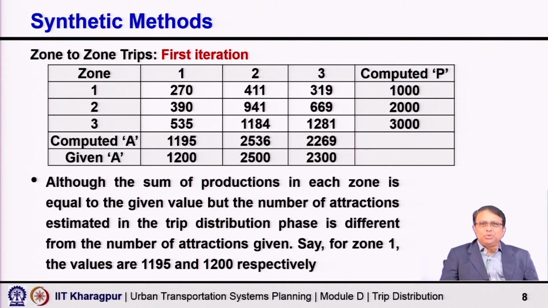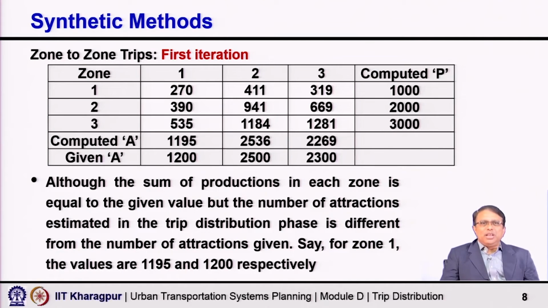That is fine, that is the good news. We expected all these values to match. But since it is a production constrained model, there is no assurance that attractions will also match automatically. It will not match.